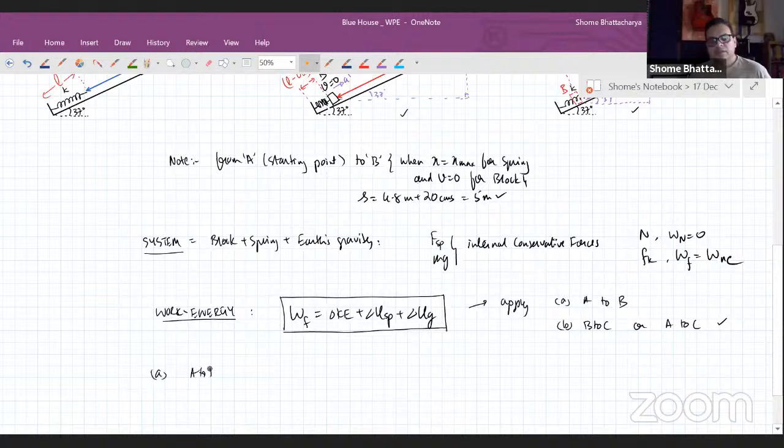So A to B, you can see that work done by friction will be minus mu mg cos theta. Okay, all that you have now, because normal reaction is going to be mg cos theta, because the components of mg are like this.